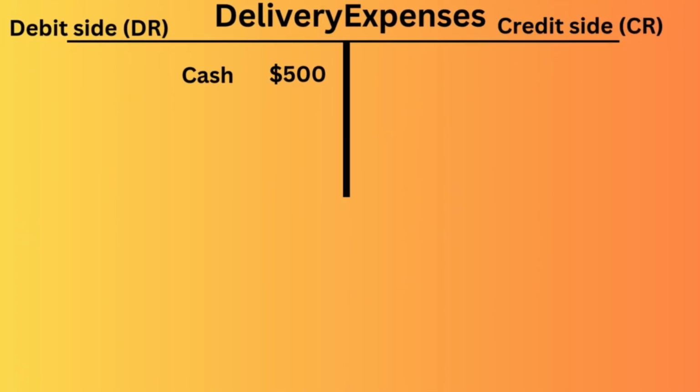Now, this might seem so complex, but the more you practice this principle, the more it becomes a part of you. It's just a thought process. Identify the accounts involved in the transaction. That's the first step. Ask yourself, what classification of accounts do they fall under? That's the second step. The third step is to ask yourself, how do those classifications behave in terms of the debit and credit principle?